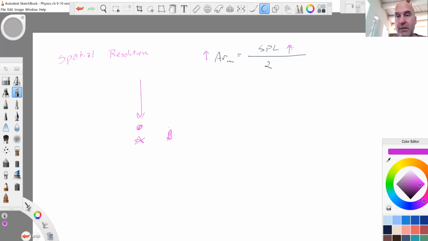If you have more cycles, in other words, spatial pulse length goes up, your number might go up, but that ain't good. Quality or accuracy.